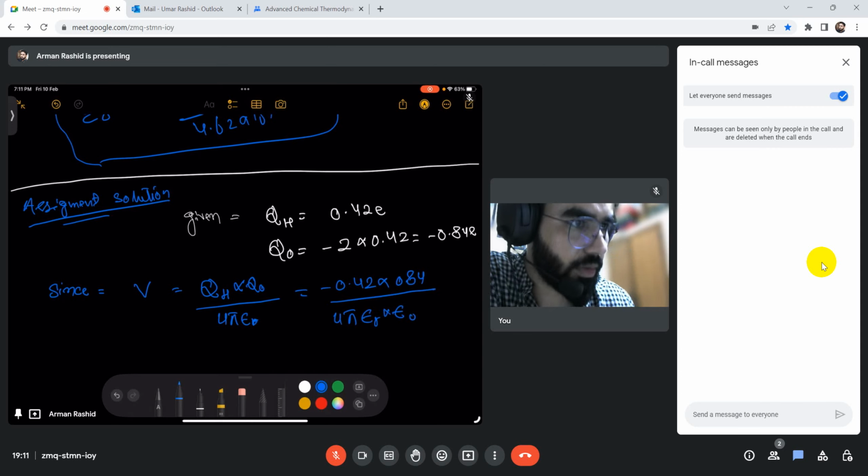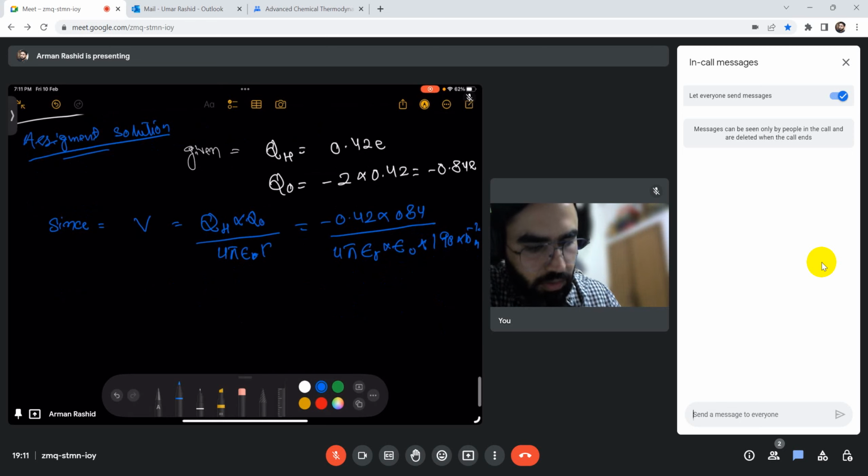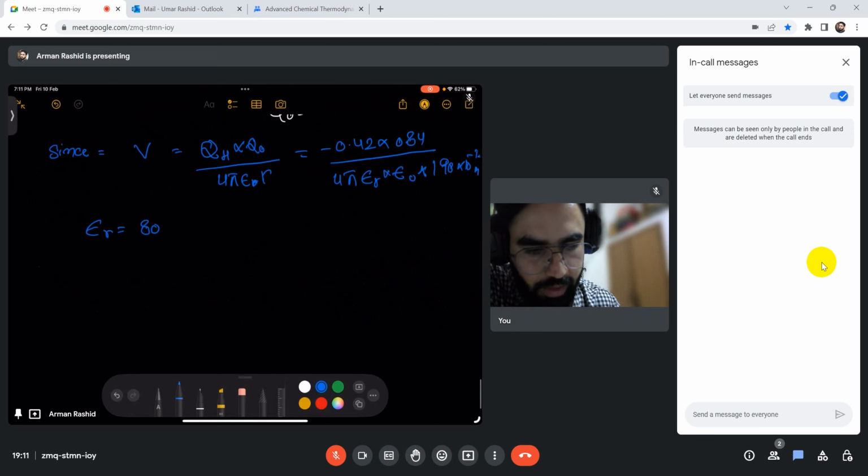Then we have r, the distance between hydrogen and oxygen, which is given by 190 × 10^-12 meter. We know that the dielectric constant for water is 80, so we'll put that value.